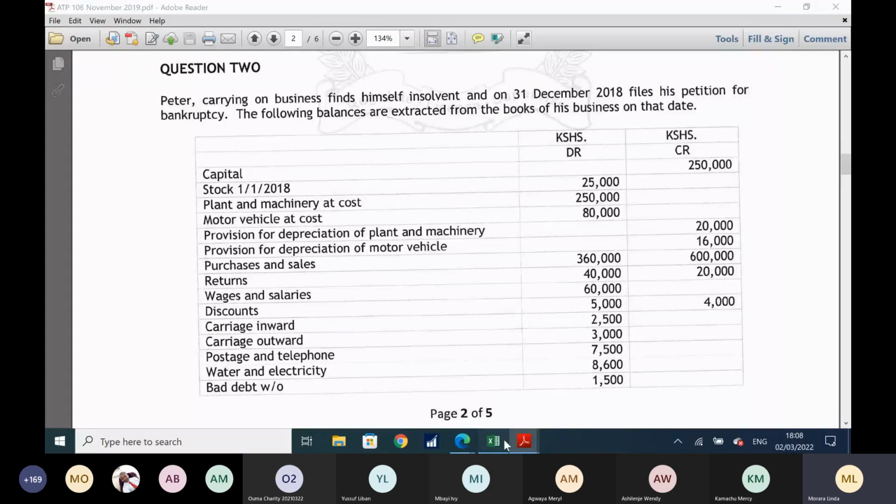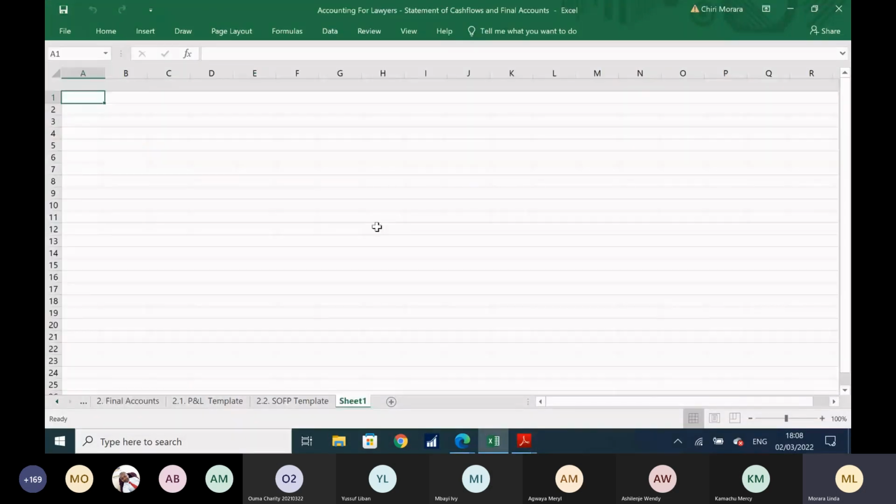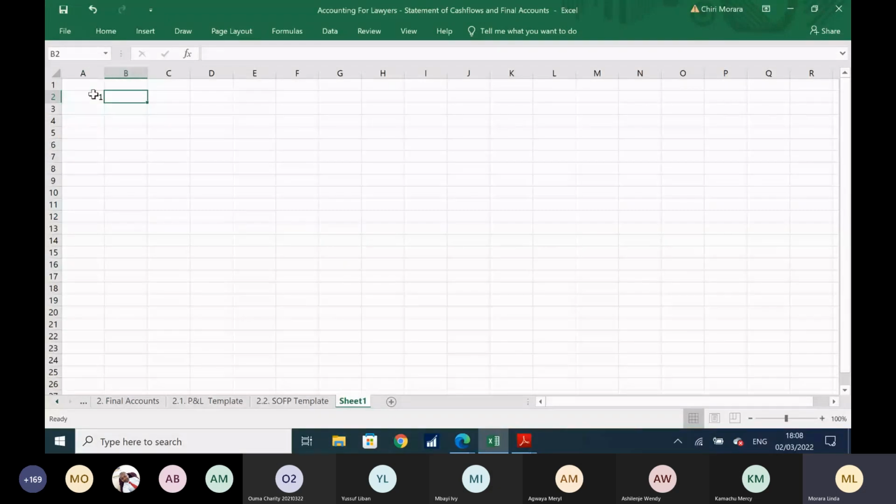So we can have our note 1 there, where we're being told about our depreciation, and it's at 10% for machinery. Let me just call it PPE. For our machinery, we've been told that it's 10% of 250,000.